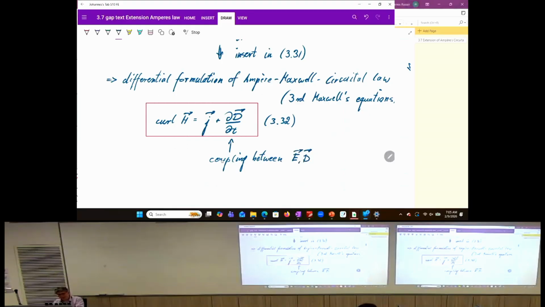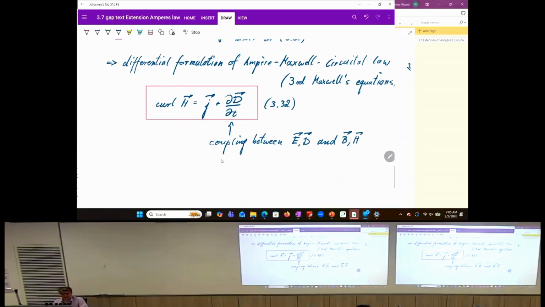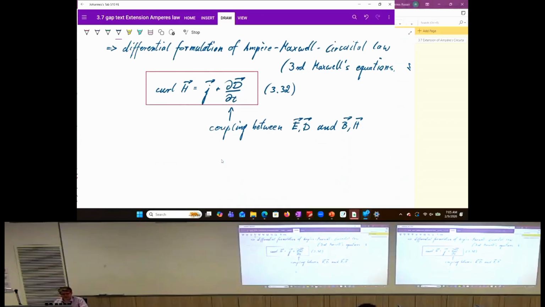So you have a coupling between E and D on the one side and the B and H field on the other side. This is given to you by Ampere-Maxwell's law.